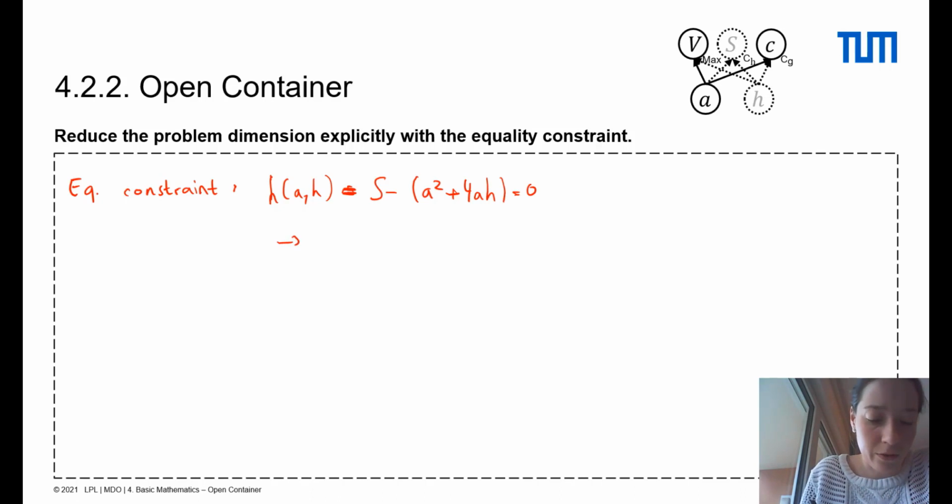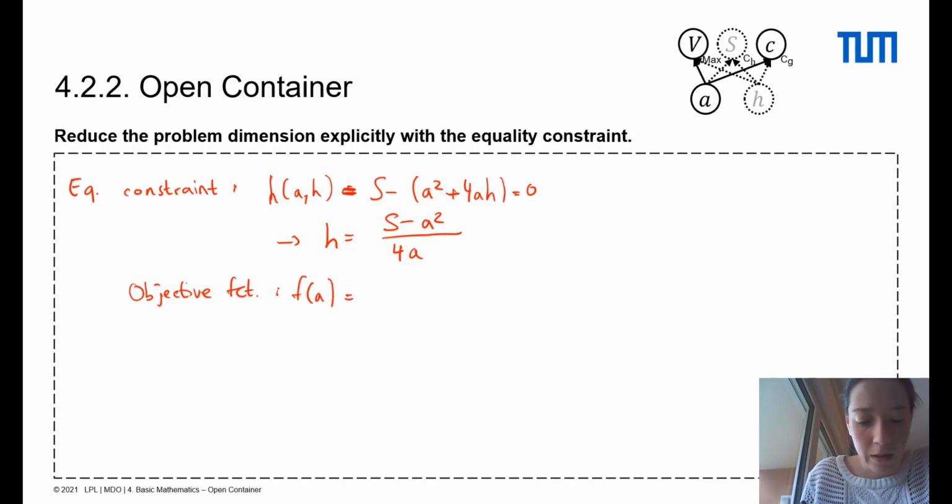And we solve that for the height h, over 4A, and then we plug it into the objective function, which now has the only design variable A because we eliminated h.